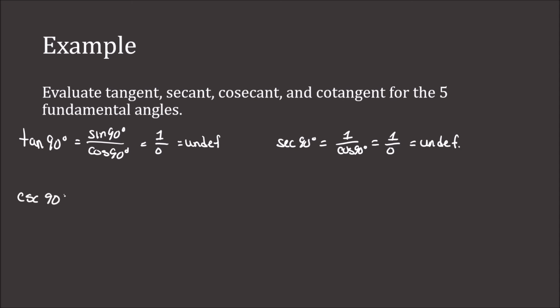Cosecant of 90, 1 over sine of 90, so 1 over 1, which is 1. And finally, cotangent of 90, cosine of 90 over sine of 90, 0 over 1, which is 0.